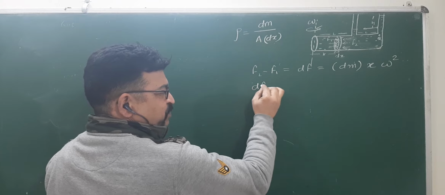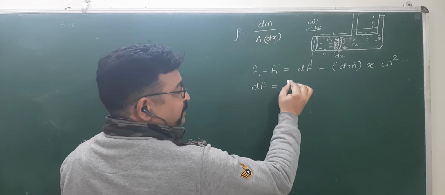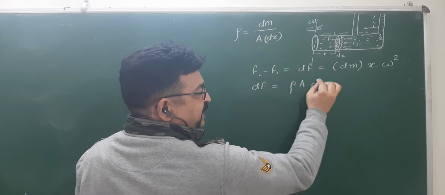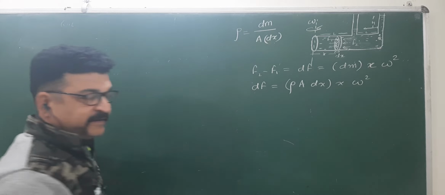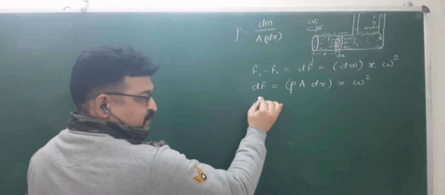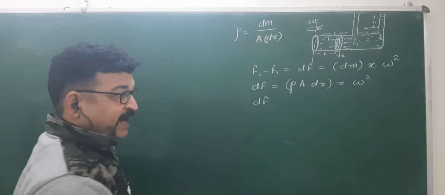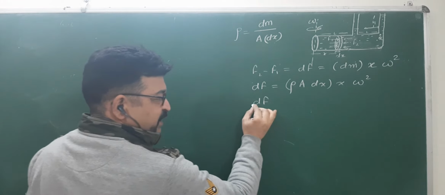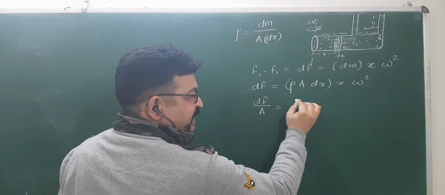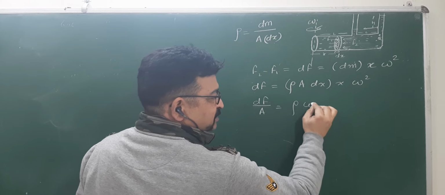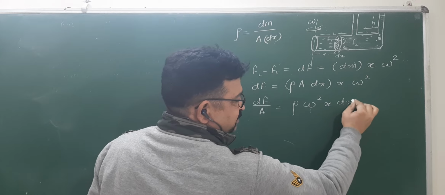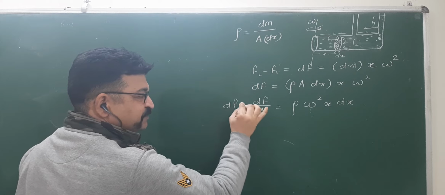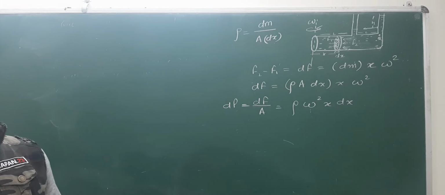So dm is rho A dx, and the net force is rho A dx times x omega square. If you divide this net force by A, you get the net pressure difference across both sides.